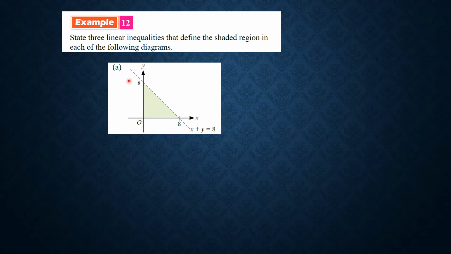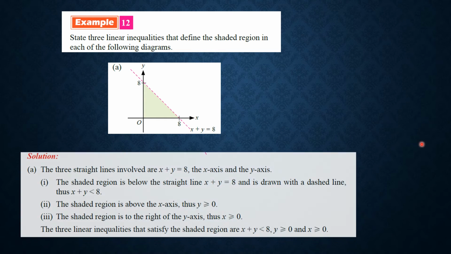So we look at A. Given here is the dotted line for x plus y equal to 8. You want to identify three linear inequalities. So first we identify where the region is.